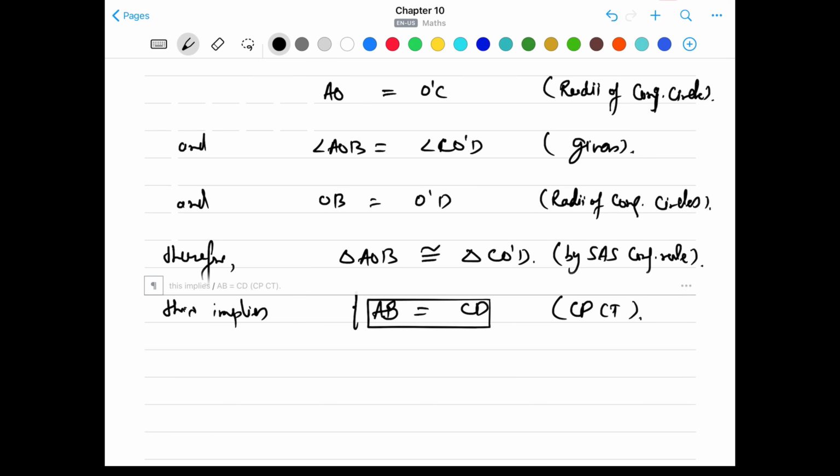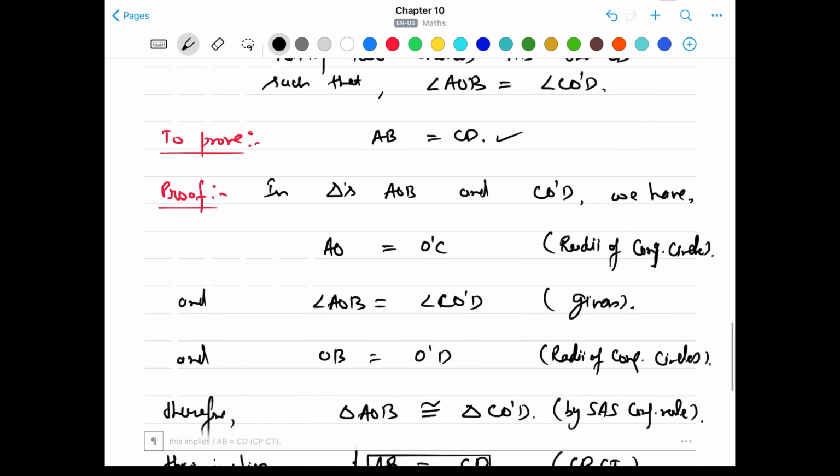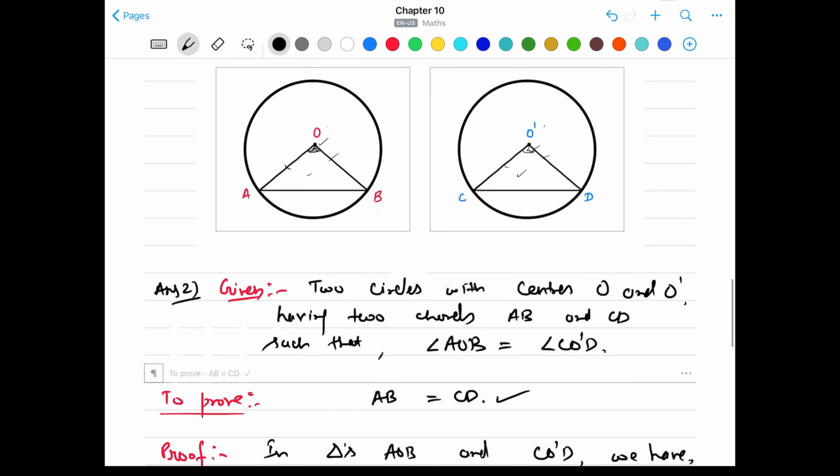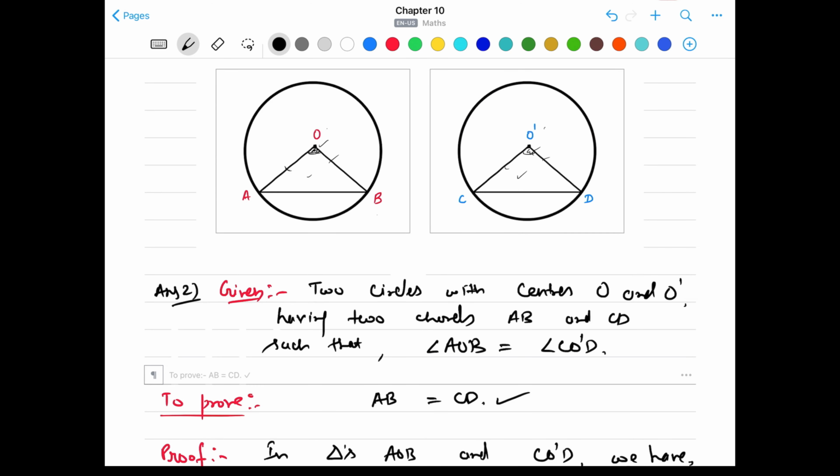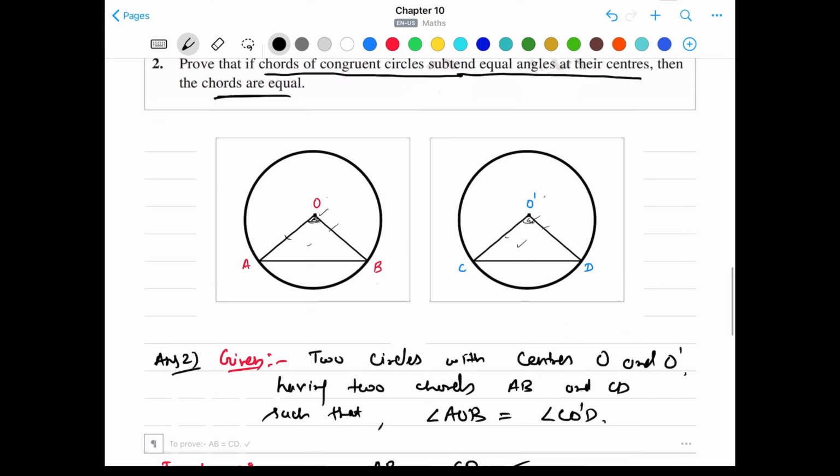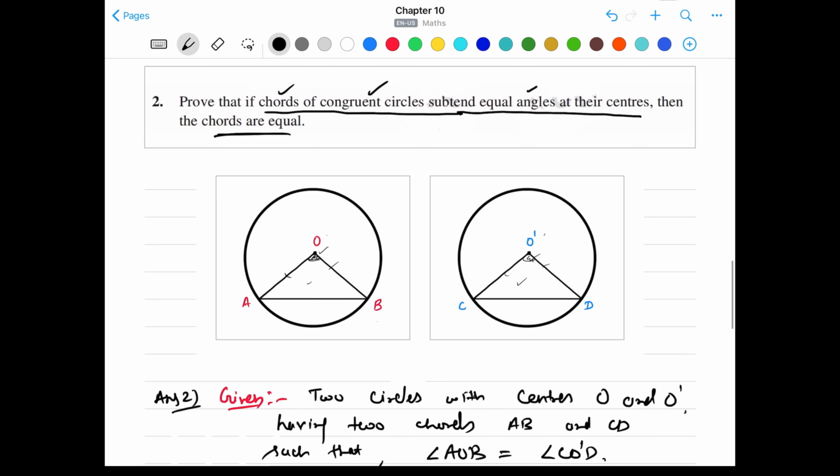And this is what we were asked to prove here, that AB equals CD, which means the chords in the circles are equal if the angles subtended by the chords at the center are equal. So that's the answer to question number 2 of exercise 10.2.